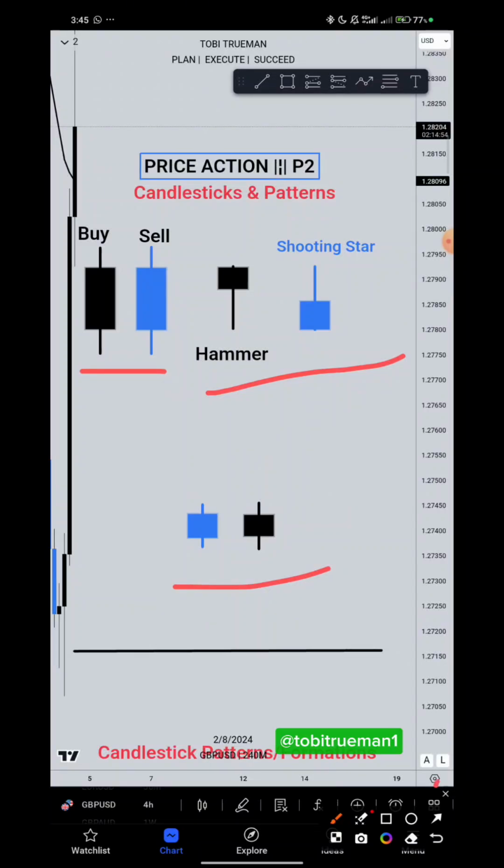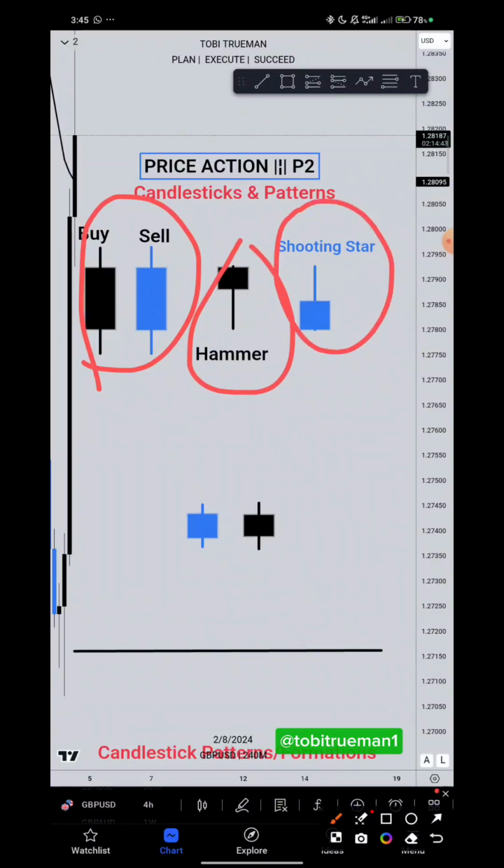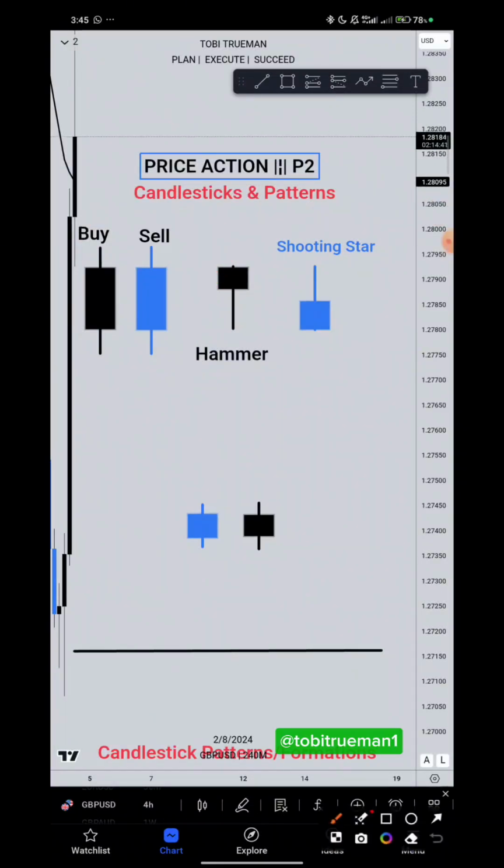So the first one there is the buying and selling candlestick. The other one here is called the hammer candlestick, and the other one is called the shooting star. We know that the hammer candlestick is mostly for buying.